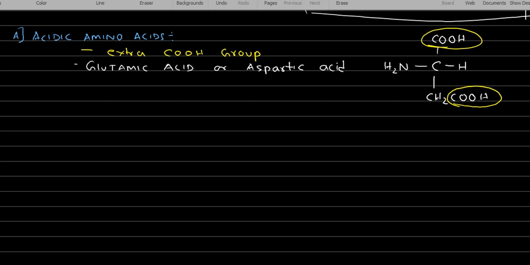Now, like acidic amino acid, there can be basic amino acid as well. Here what we can see is there is an extra NH2 group present. Examples are lysine or arginine.